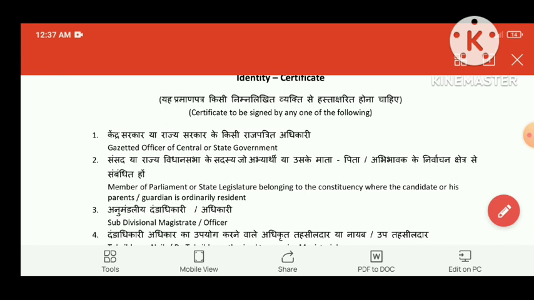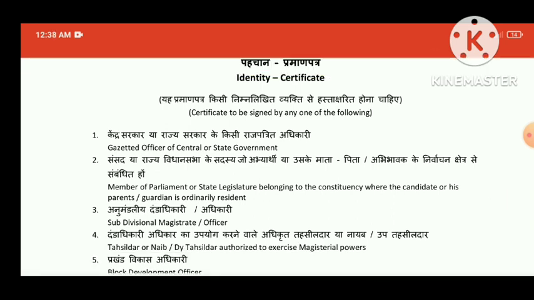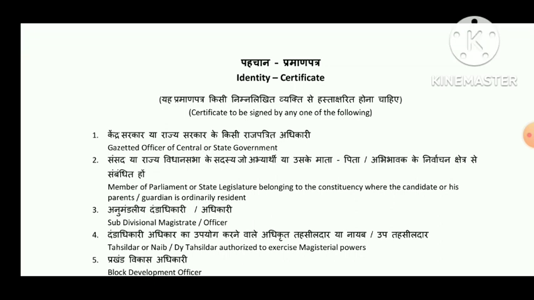You will get all the forms easily on the website, so you can download the forms, print them out and fill them.